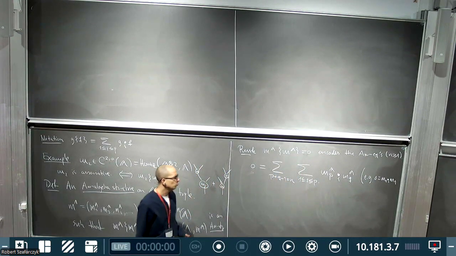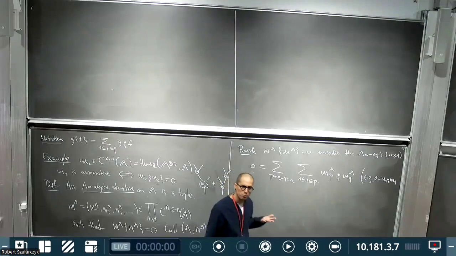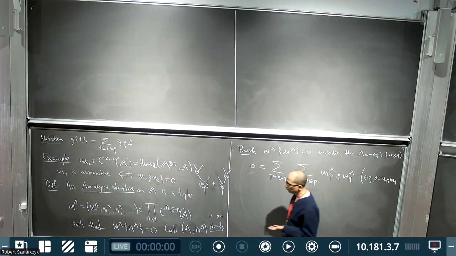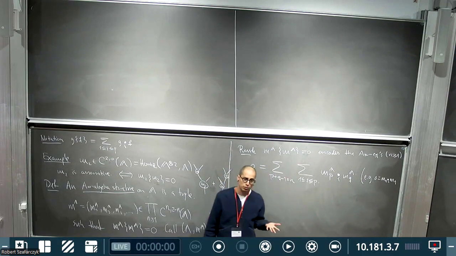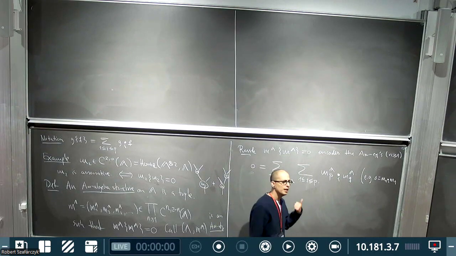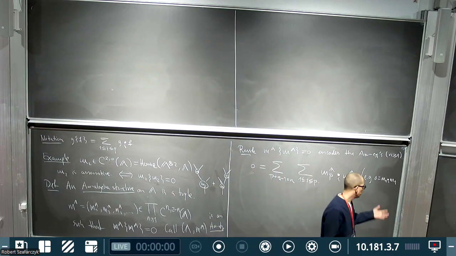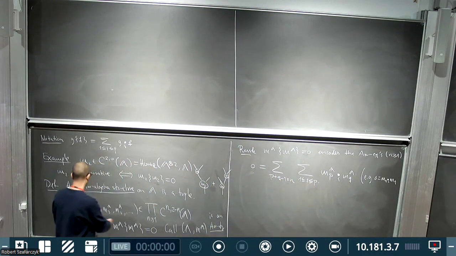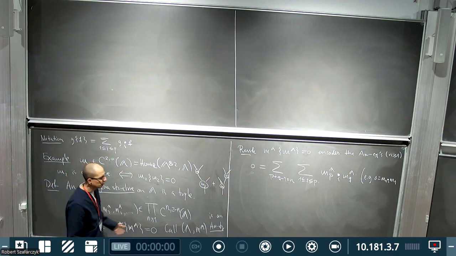For n equals 2, it tells you that the binary operation is a chain map. For n equals 3, it tells you that M3 is a null homotopy for the associator of M2. So M2 is associative up to a fixed global homotopy, and so on. So you're supposed to think of this as encoding a coherently associative structure.